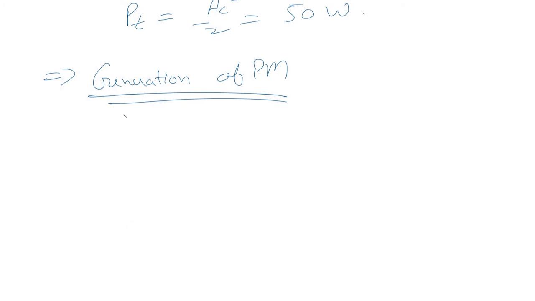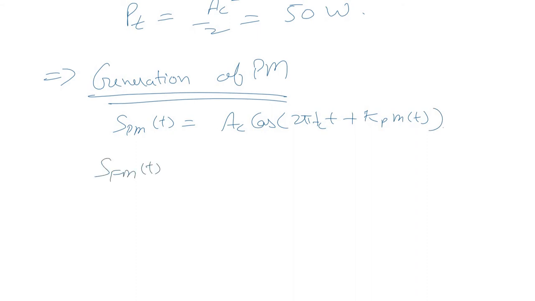So we know that the PM signal expression is AC cos 2 pi FCT plus Kp into MT. On the other hand, the standard expression of FM is AC cos 2 pi FCT plus 2 pi Kf into integral of MT dt.